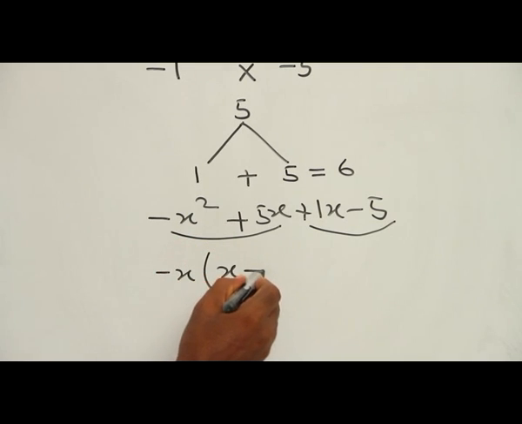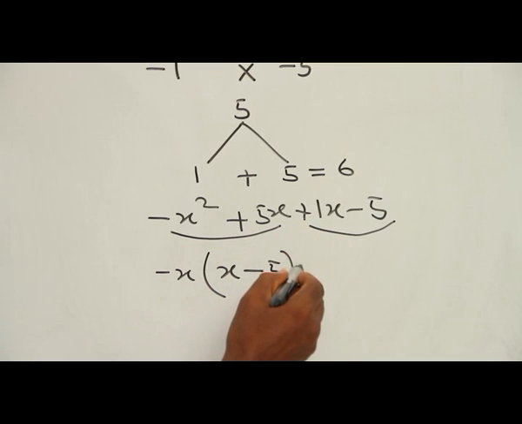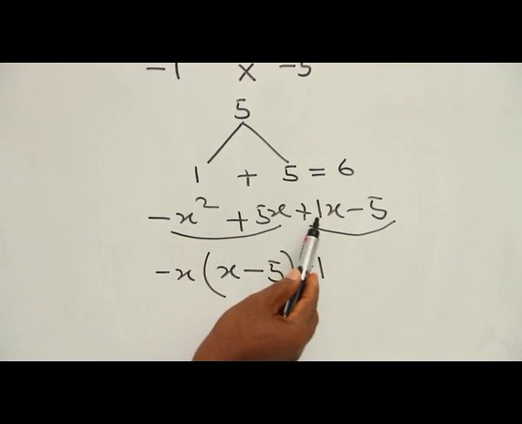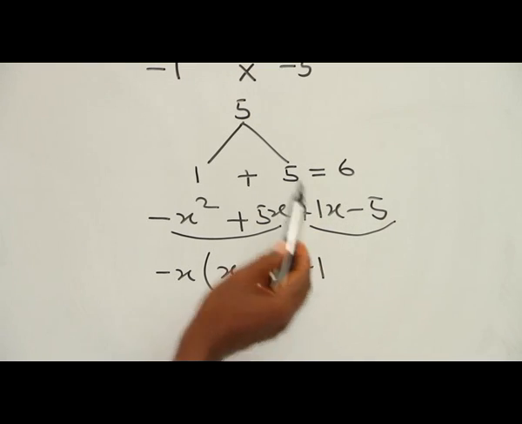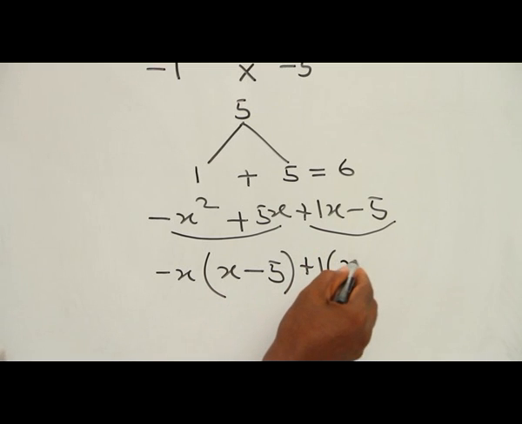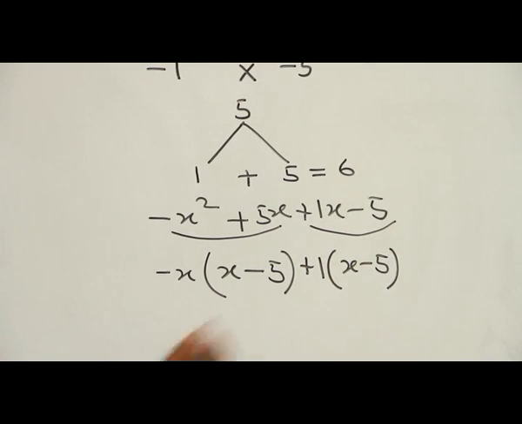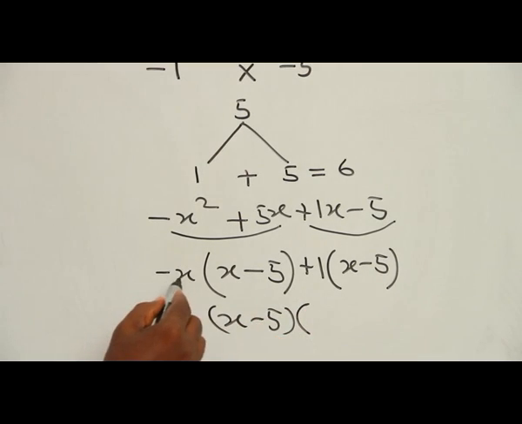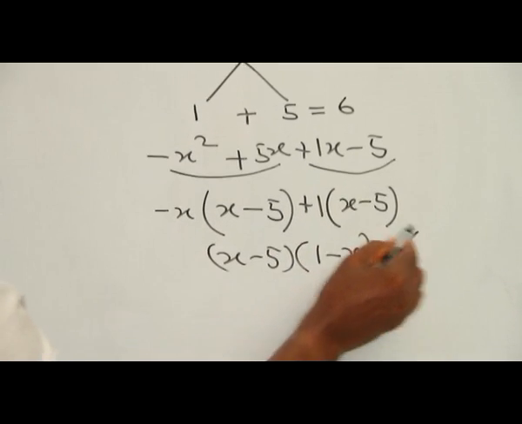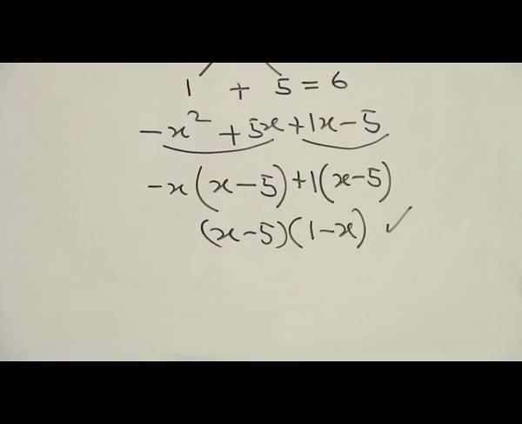This plus now becomes minus and 5 will be there. Then over here, a plus 1 is common. Where there is no visible factor that is common, 1 is always a factor of every term. So we take the 1 and we have s minus 5. To see this now, you can see that we have (s minus 5) and then we have minus s plus 1, which can be written as (1 minus s). Again, that factorizes the expression.